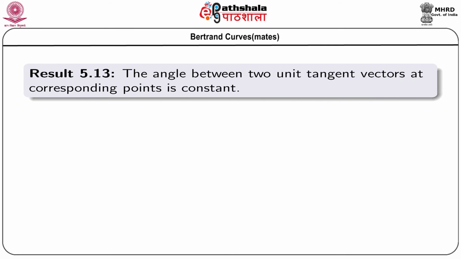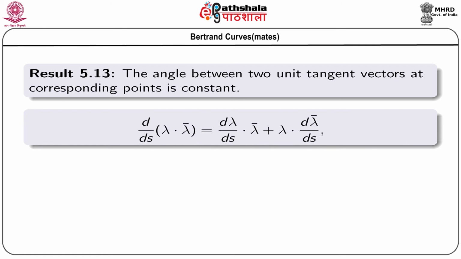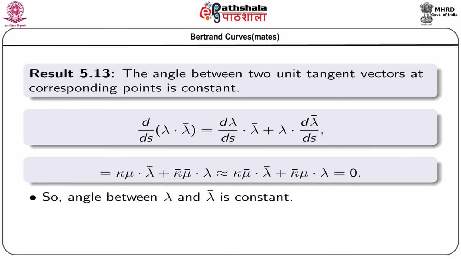Now, we can also prove that the angle between the two unit tangent vectors at corresponding points is also constant. So, let us start with d/ds of lambda dot lambda bar, and we get d lambda/ds dot lambda bar plus lambda dot d lambda bar/ds. Now, putting in the values of d lambda/ds and d lambda bar/ds and using the dot product, we get 0.